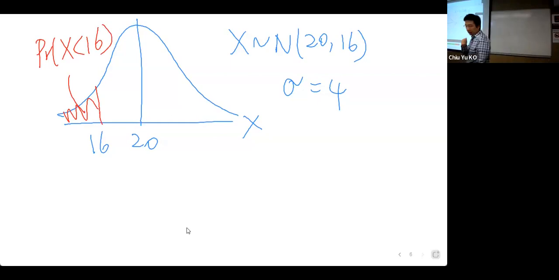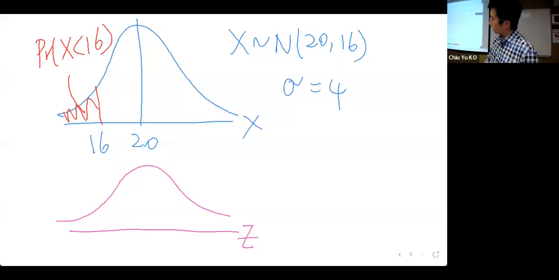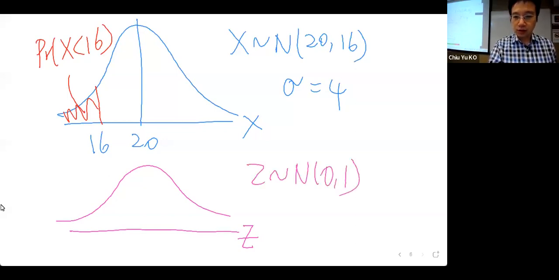And what we're trying to do is Z, a normal (0,1), so that becomes 0. What's 16?